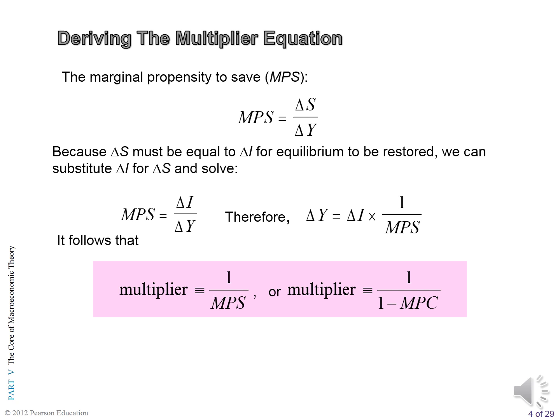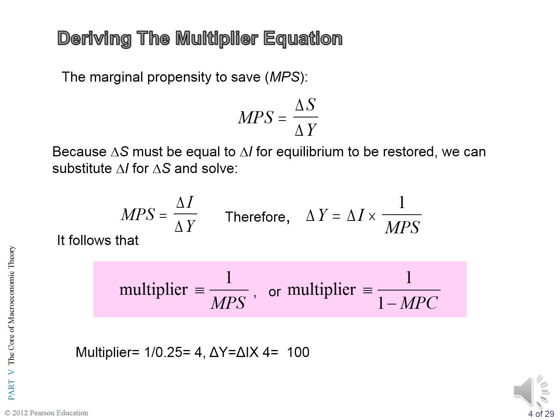Okay, so the multiplier, simply speaking, is 1 over the marginal propensity to save, or 1 over 1 minus marginal propensity to consume. To calculate the change in Y, this will equal delta I times 1 over marginal propensity to save.